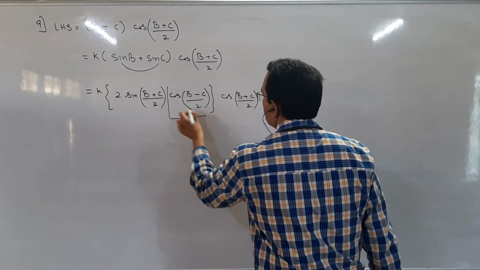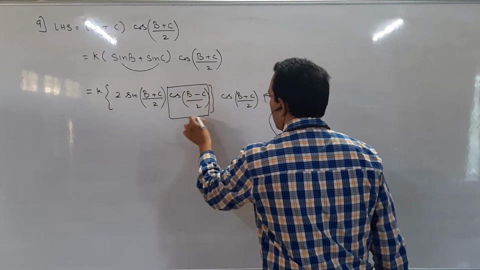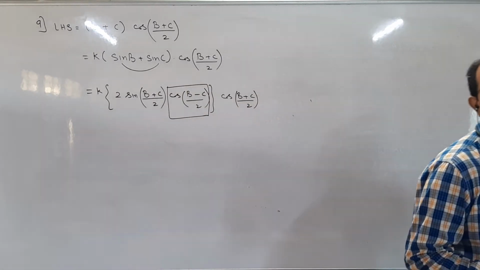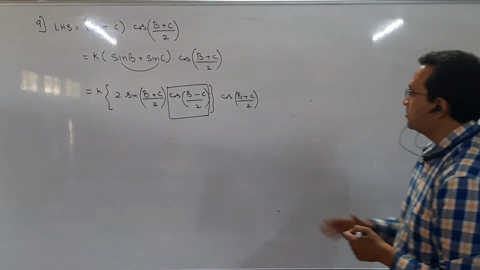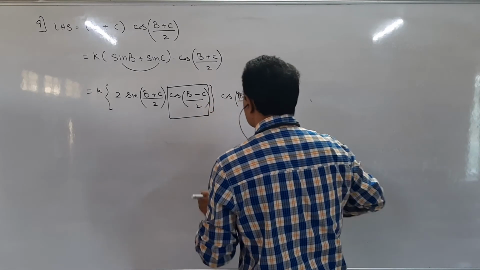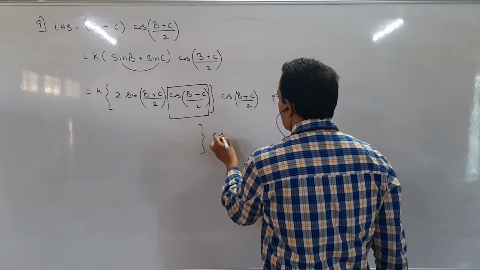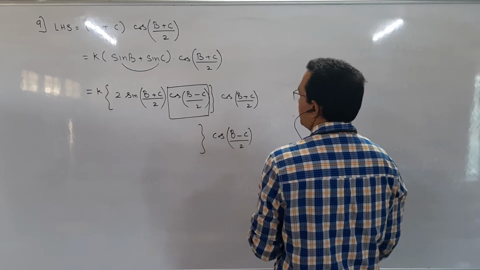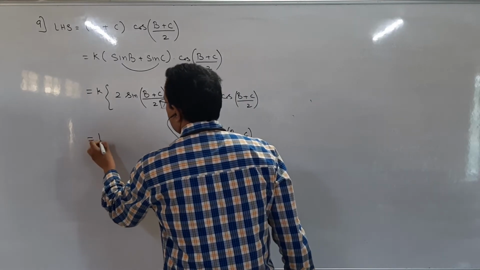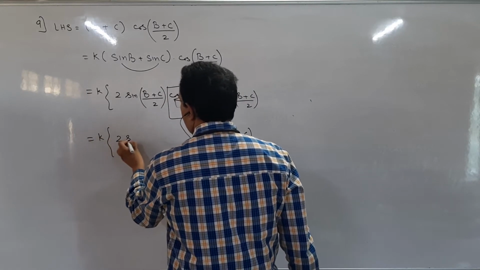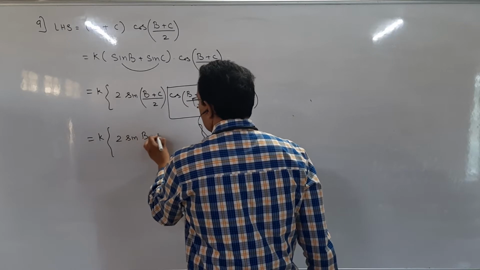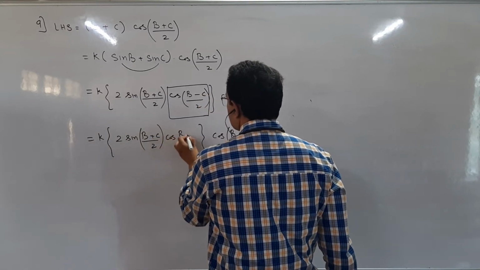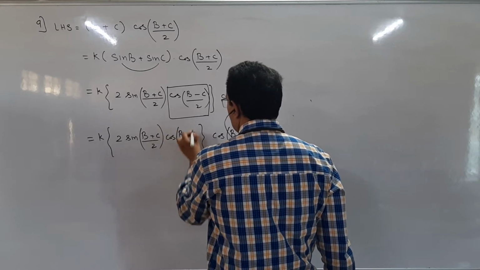Now, this term is our answer, so we will not touch that term. Flip-flop the terms. I am taking cos (b minus c) by 2 outside the bracket, keeping k also outside the bracket, leaving 2 sine (b plus c) by 2 cos (b plus c) by 2.